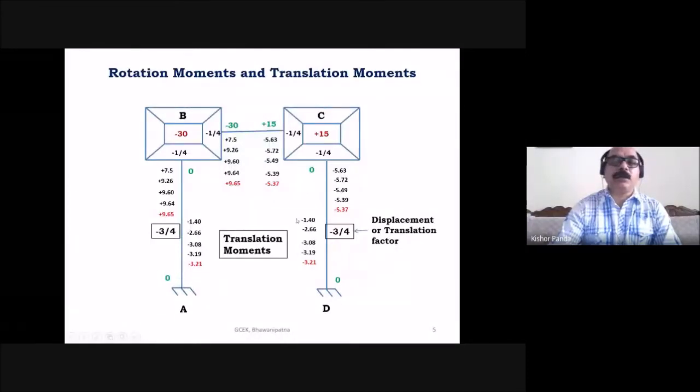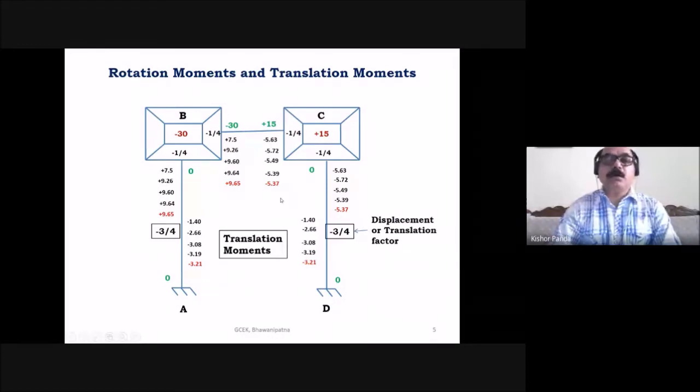These are the rotation moments. And the translation moment M double dash AB is equal to M double dash BA is equal to minus 3.21. Similarly, M double dash CD is equal to M double dash DC is equal to minus 3.21 kilonewton meter. That you have to consider for calculating the final moment.